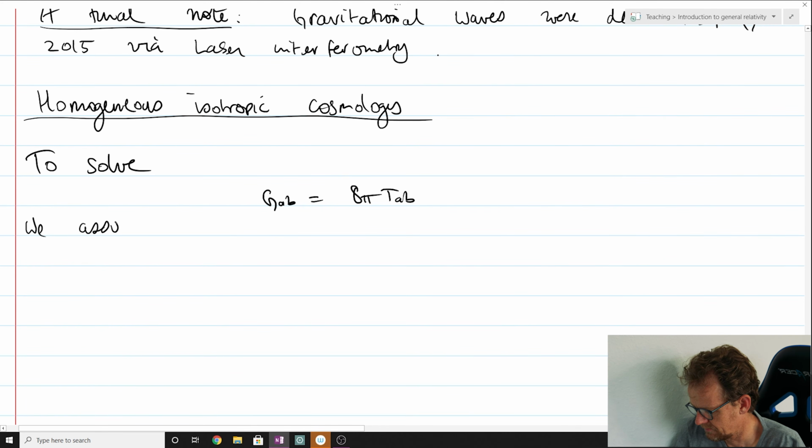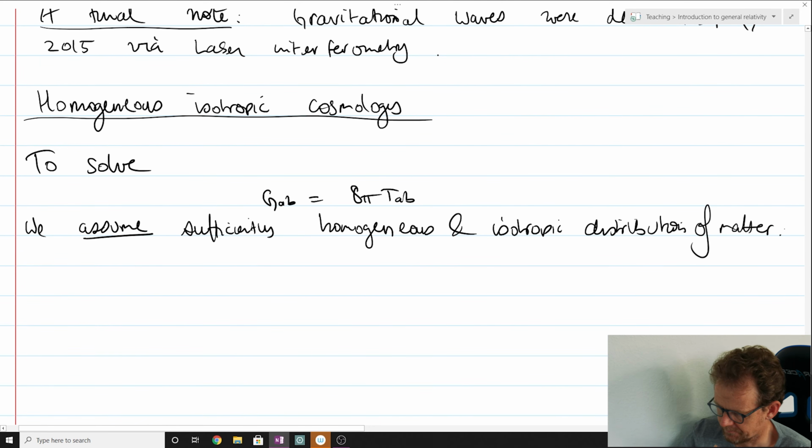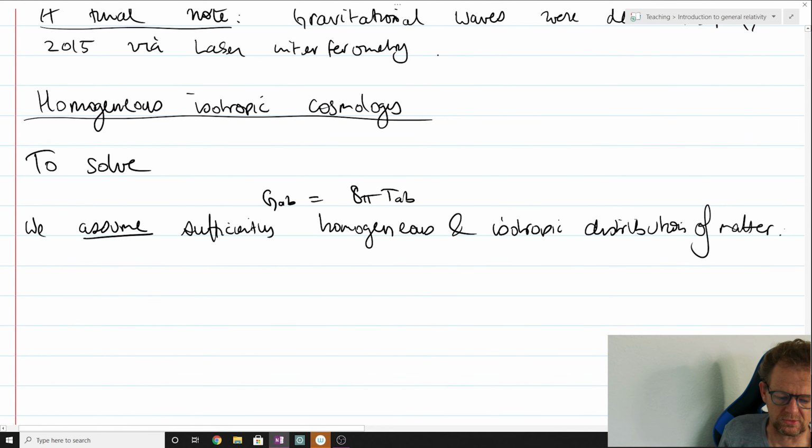We assume a sufficiently homogeneous and isotropic distribution of matter. And then we will try and find a solution.